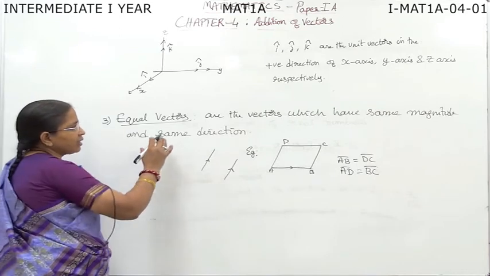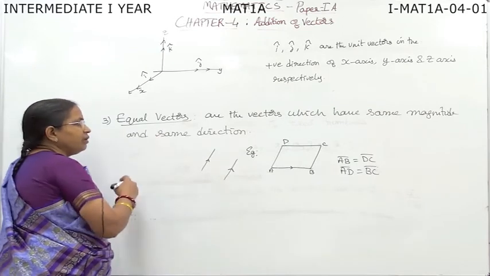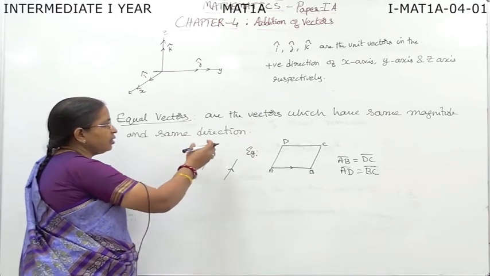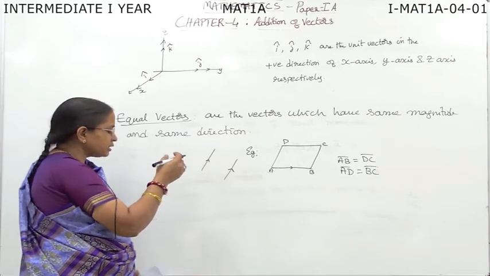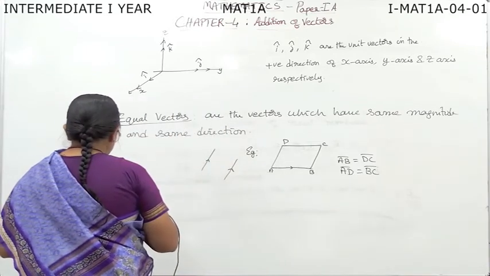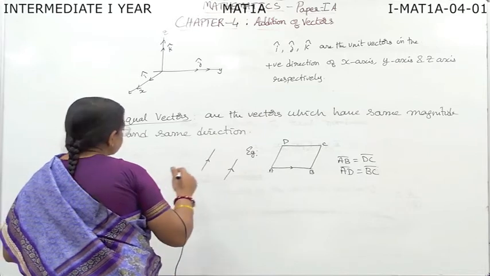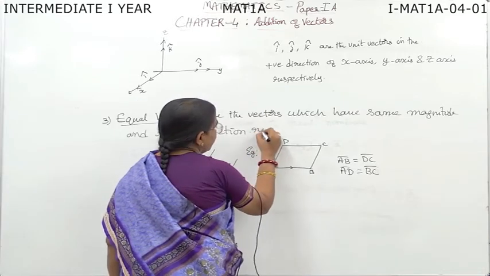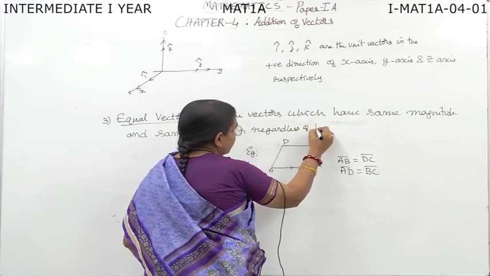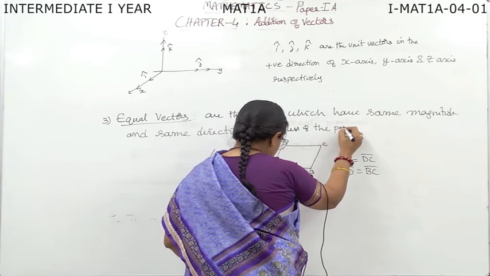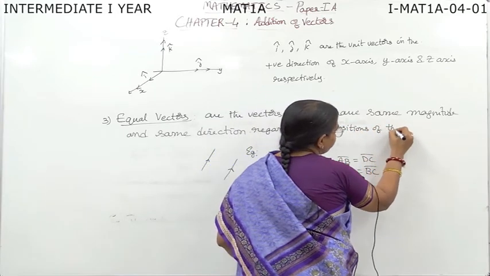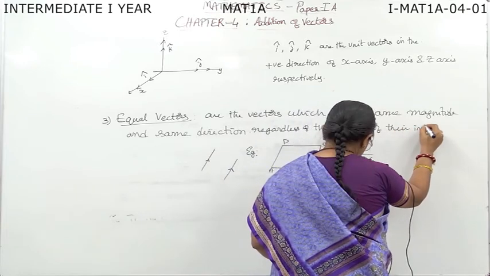So equal vectors will have the same magnitude and same direction, and they need not have the same position, regardless of the positions of their initial points.